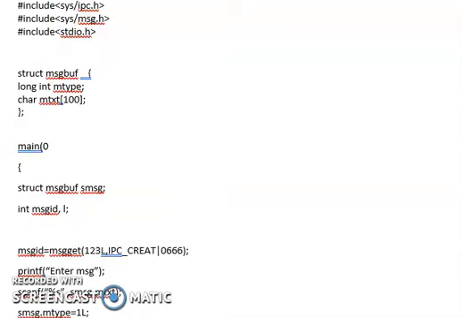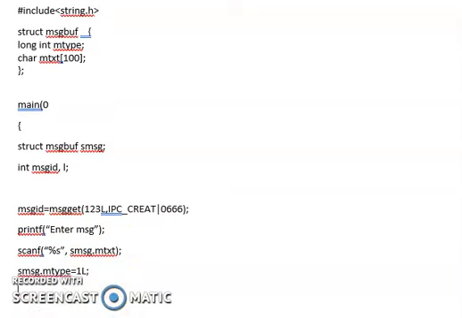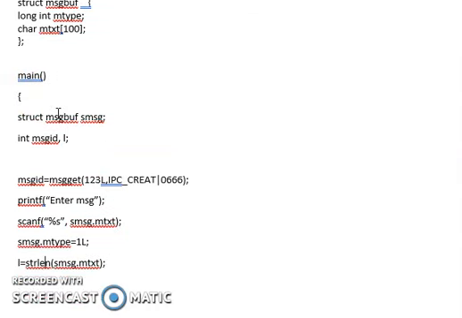Because I am finding the size, I would be needing string.h because I will be calculating the length of the message there. l is equal to strlen of smsg.mtext. So all the parameters which need to be written by me in my program using msgsnd are ready.